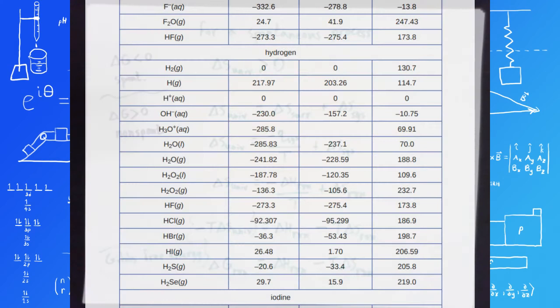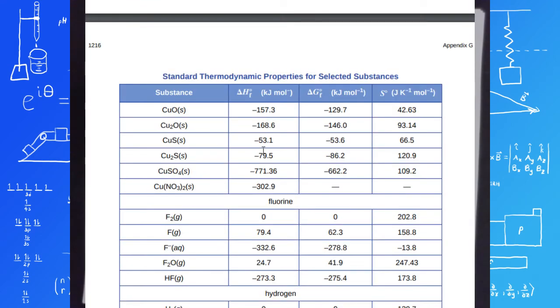There are delta G values listed here. This whole column is a bunch of delta G values. But these delta G values are for a specific temperature. They are for 25 degrees Celsius, 298 kelvins.